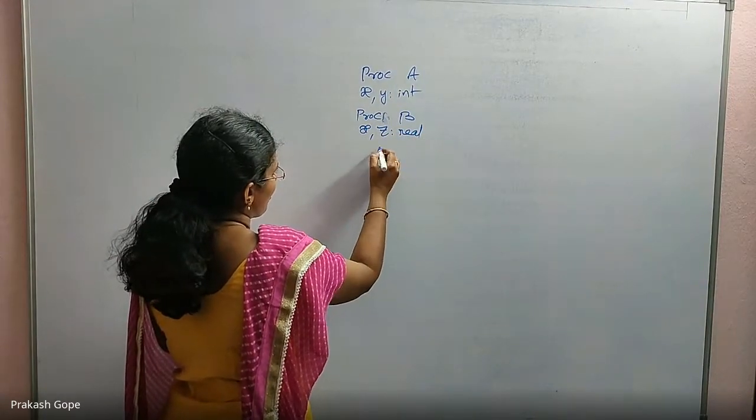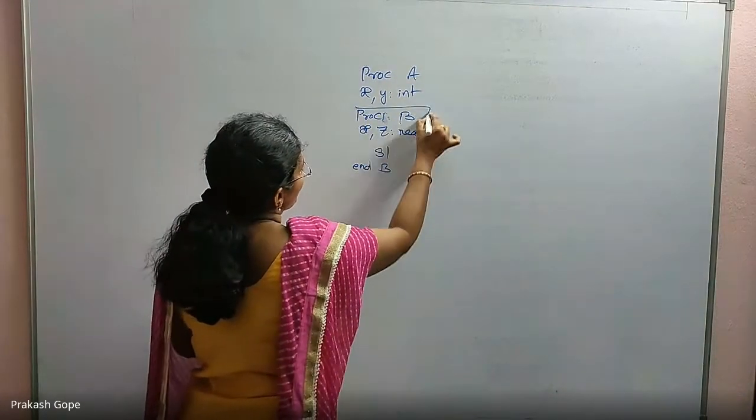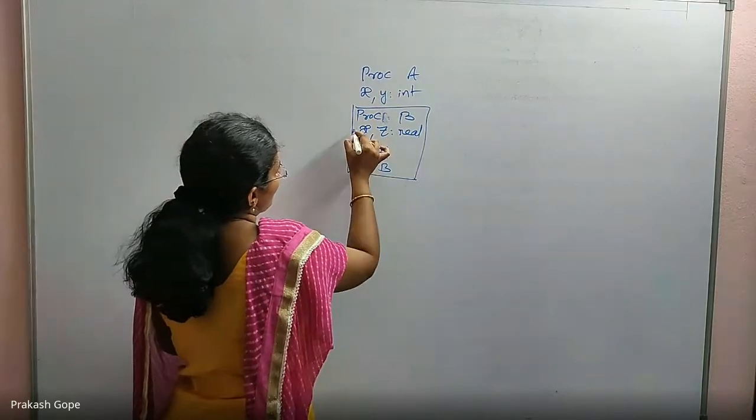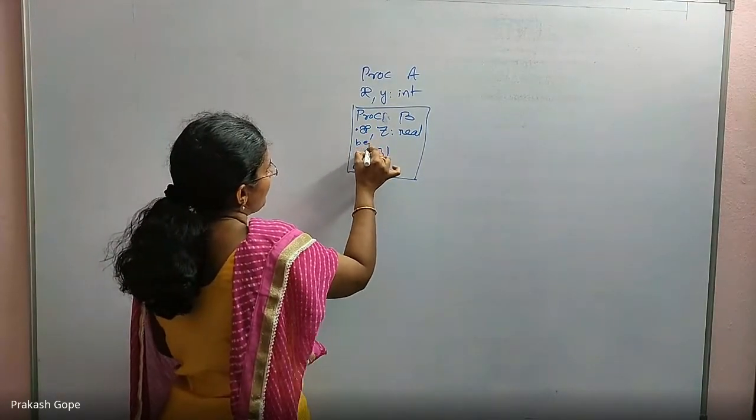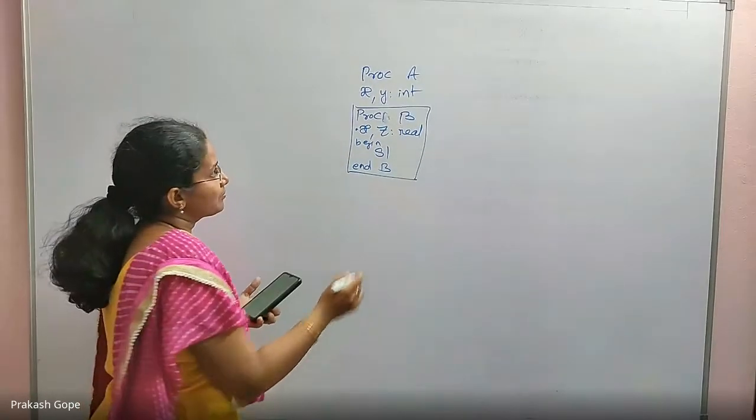Then there is a call for S1 block and B, which means this is procedure B. This is the declaration, this is like the beginning. Only one statement block. S1 is a statement block.